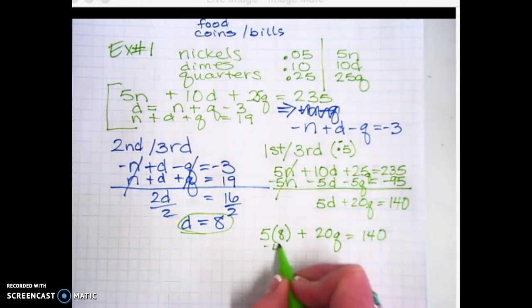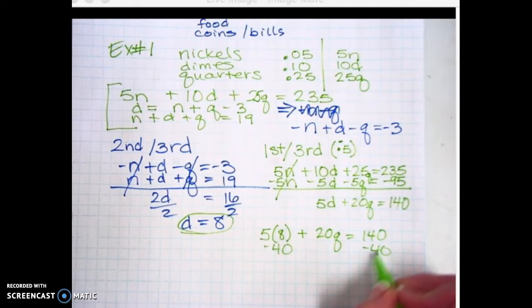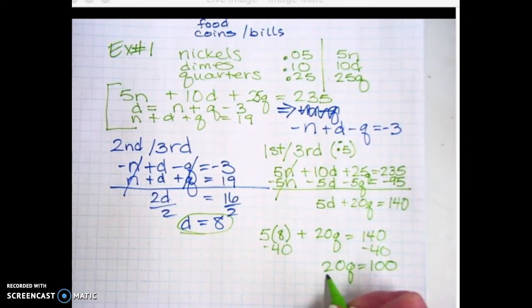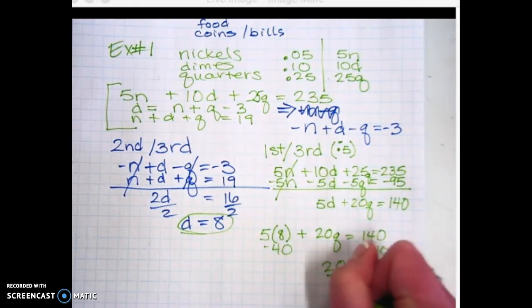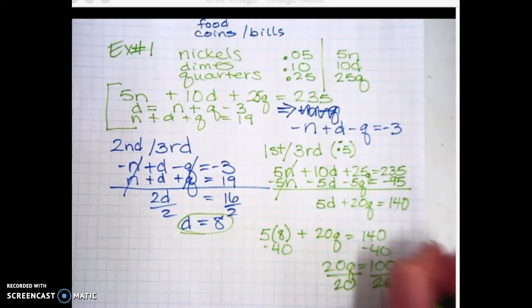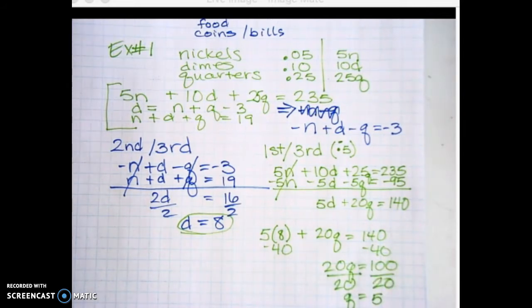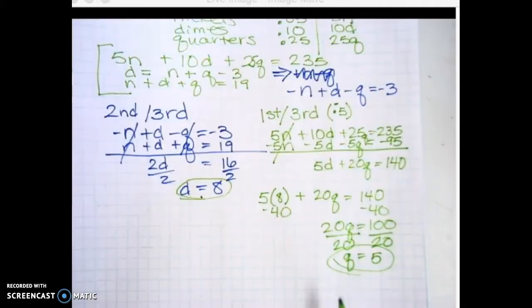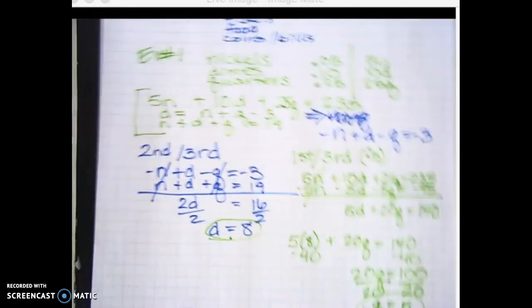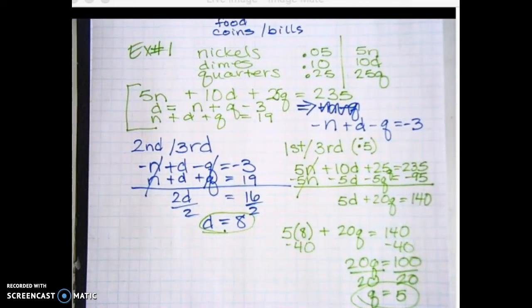So if we subtract 40 from here and from here, we get 20q equals 100. Divide both sides by 20. How many times does 20 go into 100? 5 times. Okay. So we have our dimes. We have 8 dimes so far. We have 5 quarters. We just need, what, nickels.